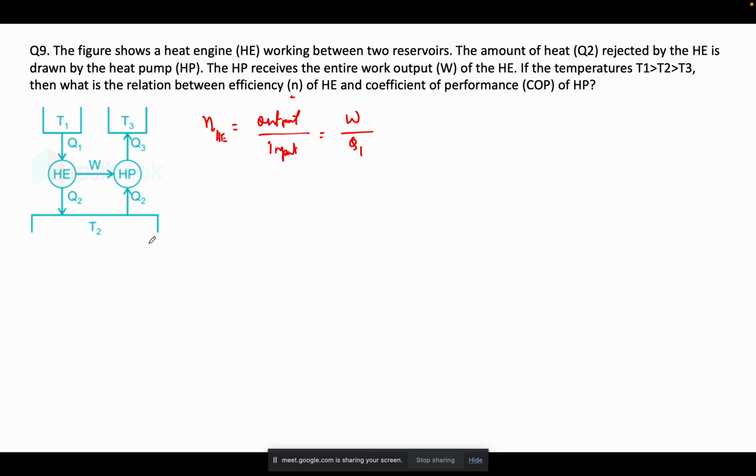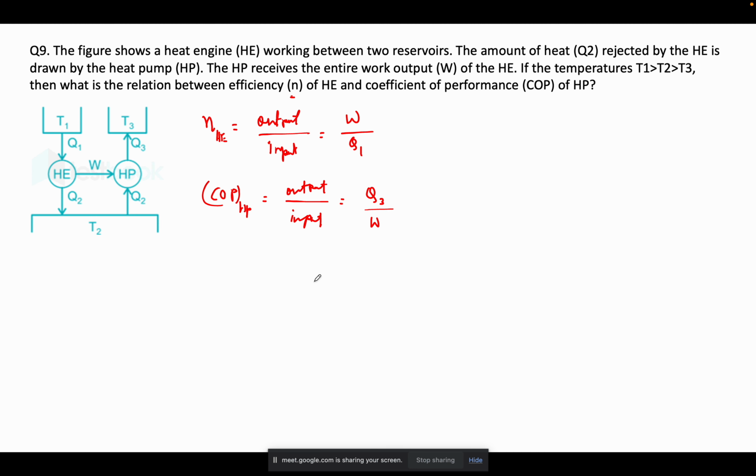Then similarly, what is the coefficient of performance for the heat pump? It is again output by input, that is the desired output, and the heat pump desired output is this Q3. So this is Q3 divided by W.